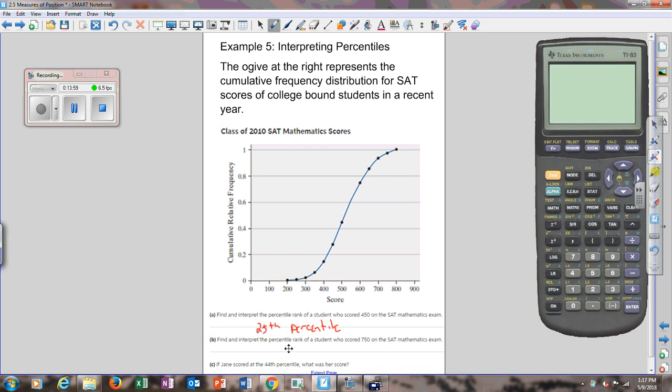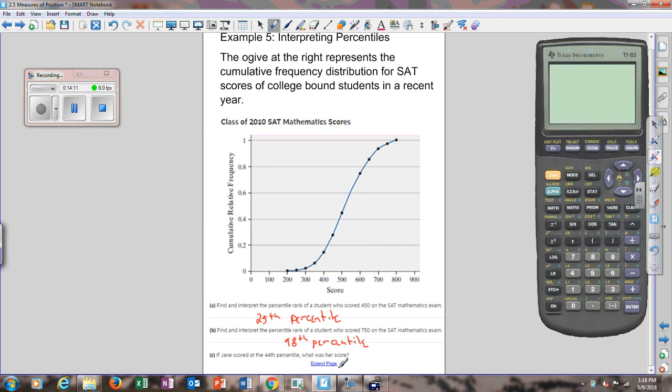And so they're going to be looking at like the 98th percentile. Then if Jan scored at the 44th percentile, what would her score be? If you look at this, that's going to come in like right here. So her score would be about a 500.